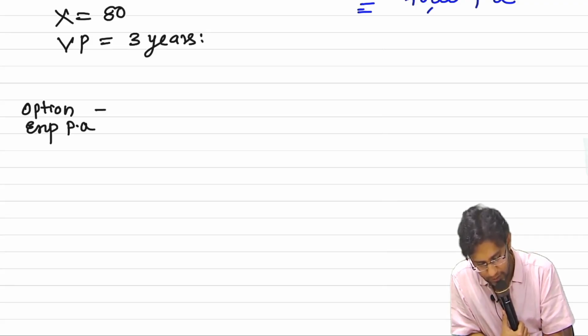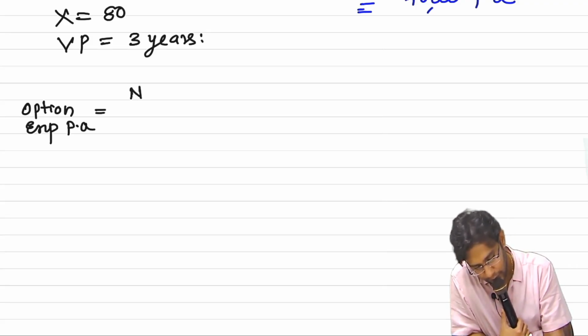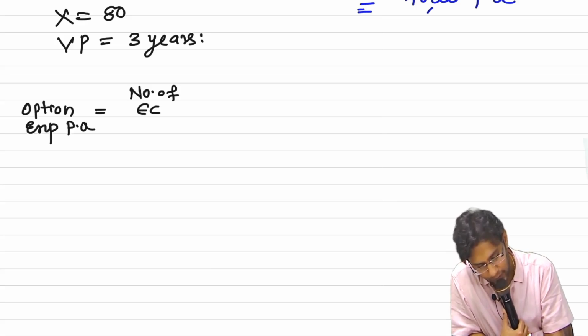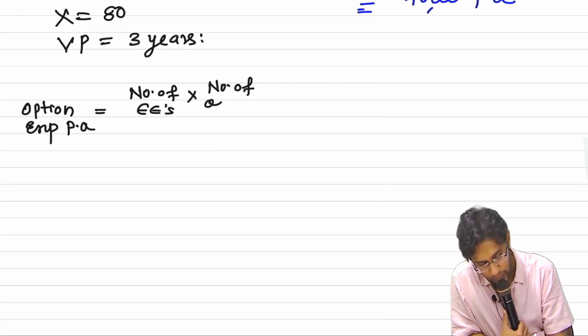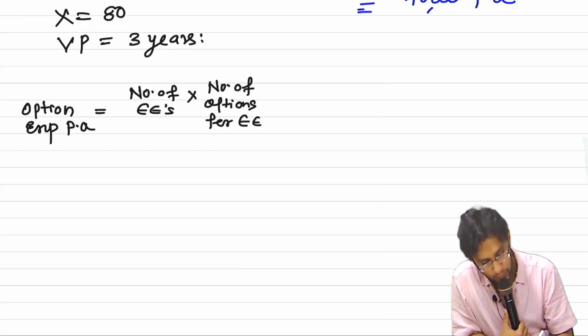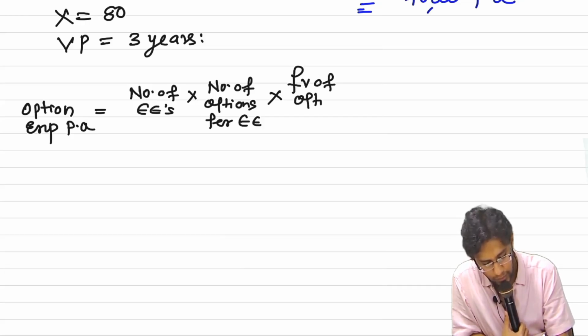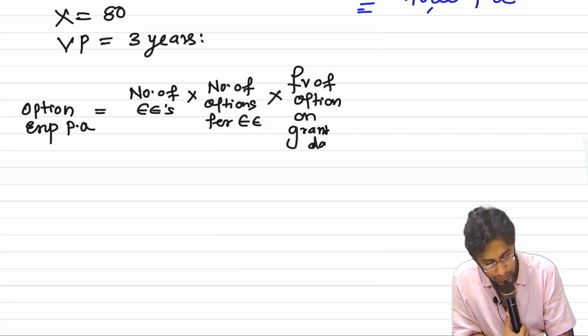Option expense per annum is equal to number of employees into number of options per employee into fair value of option on the date granted. In this there is no compromise, sir.